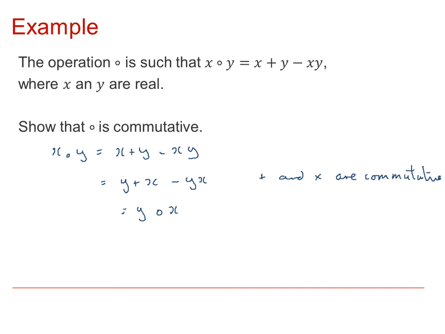So basically we're showing that sometimes we start off with the left hand side and the right hand side and rearrange them to show that they're equal. So because normal addition and multiplication are commutative, then that defined operation itself is commutative.